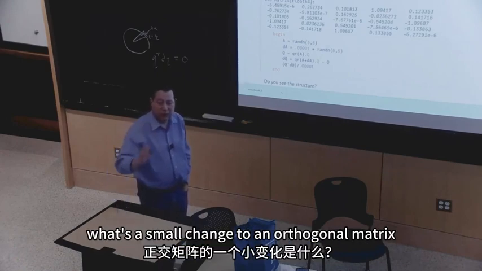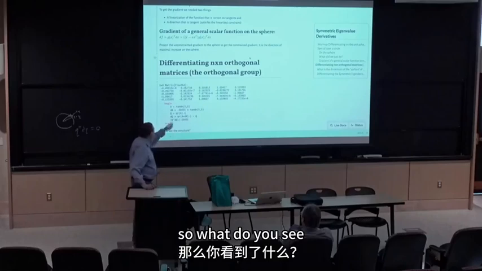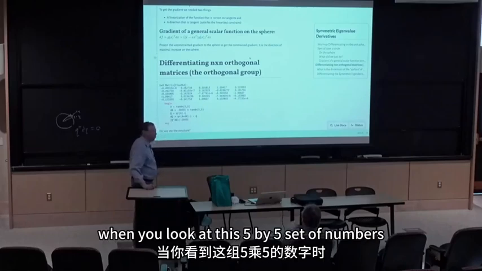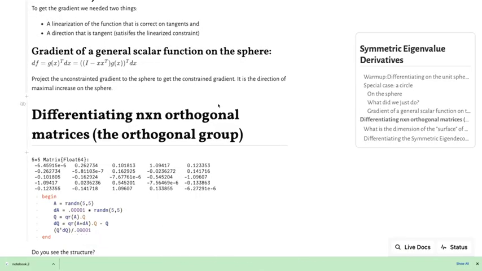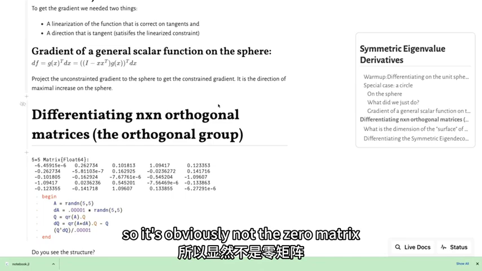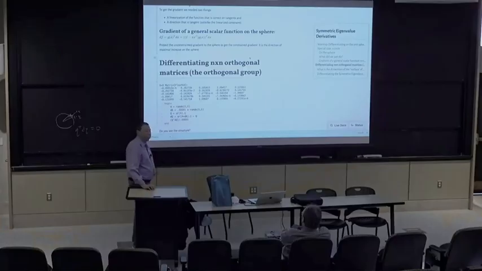What's a small change to an orthogonal matrix? So what do you see when you look at this 5 by 5 set of numbers? What do you think it's trying to point you towards? So it's obviously not the zero matrix. So yeah, what do you think you see?